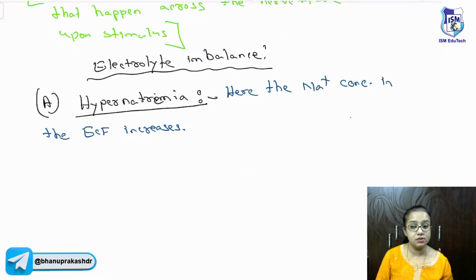Whenever we talk of electrolyte imbalance like hyper or hypo, just like how we studied the Darrow-Yannet diagram yesterday, the fluctuation in this cation means fluctuation in the ECF, not the ICF. Okay, because we can't directly measure the ICF. So hypernatremia means the sodium concentration in the ECF has gone up due to some reason.